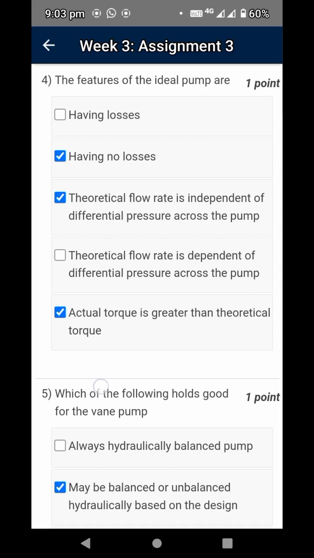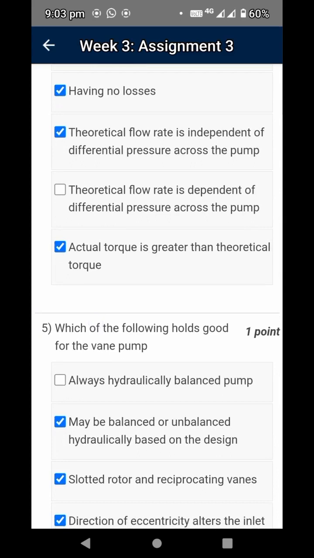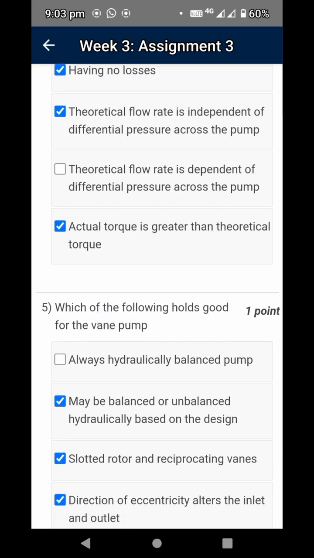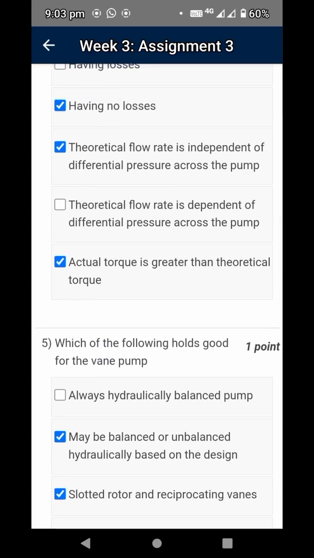And in the case of the theoretical flow rate, which is independent of differential pressure. Okay, and then actual torque, which is greater than theoretical torque. We just assume like that. So ideal means it is an imaginary one.